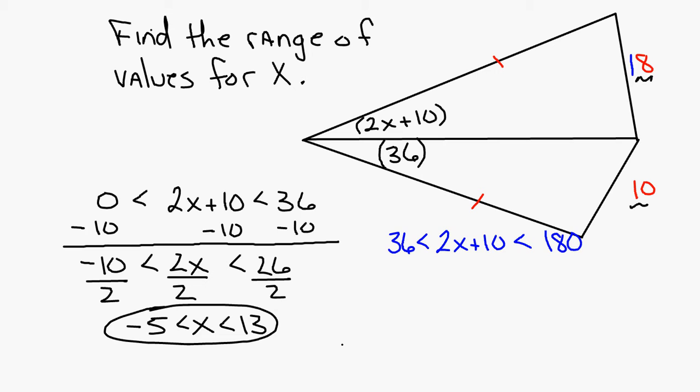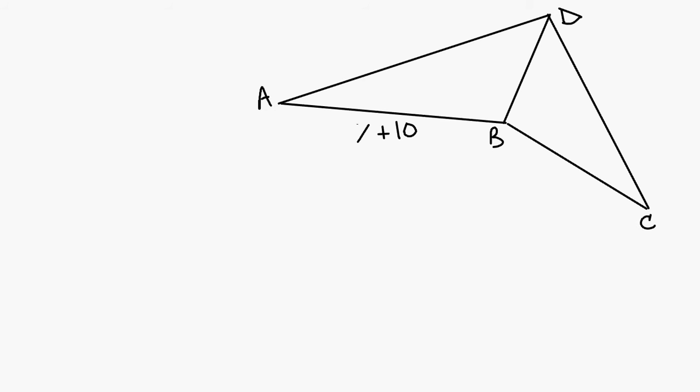All right, so let's look at another one that can sometimes be a more difficult setup. Let's look at this. Right here, two triangles again. We got an x plus 10, 2x minus 5.